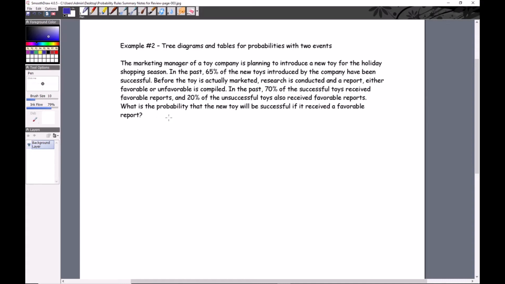So let's start out with defining variables, because that's always a good place to start. A is going to be the event that a toy is successful, and event B will be the event that it received a favorable report.